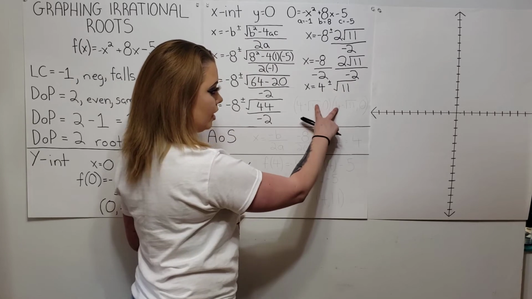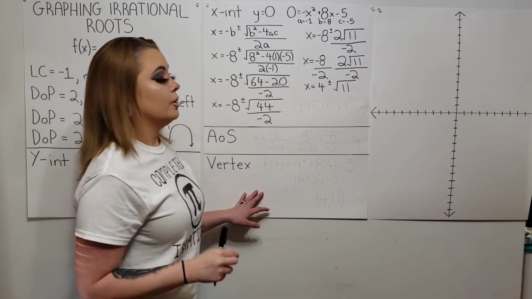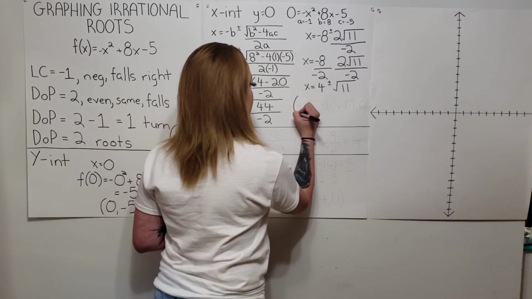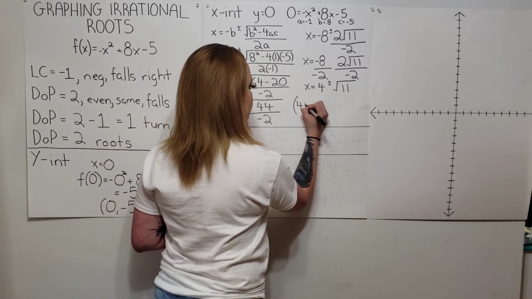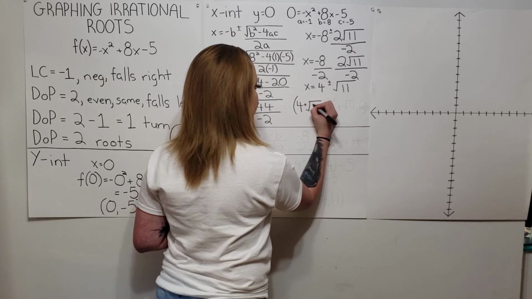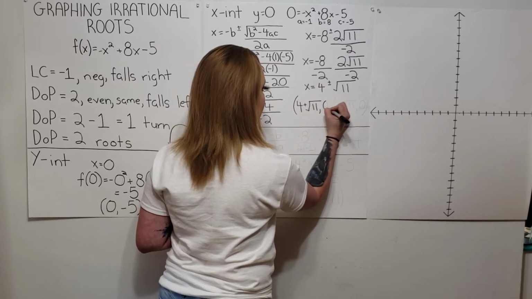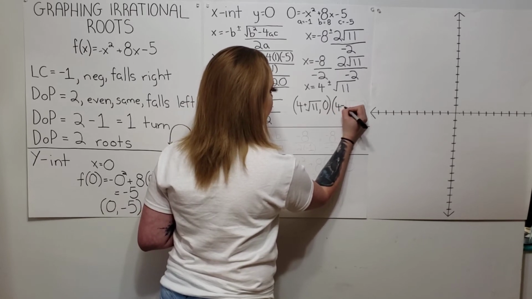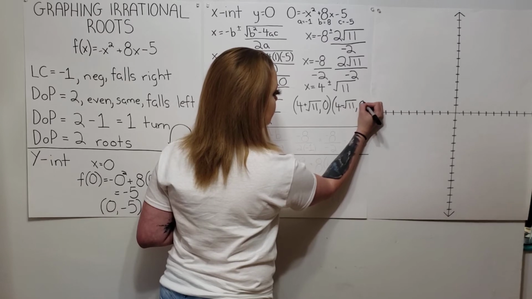When we break this apart, we find out that we have 2 points on our graph. One at 4 plus the square root of 11, and 0, and 4 minus the square root of 11, and 0.